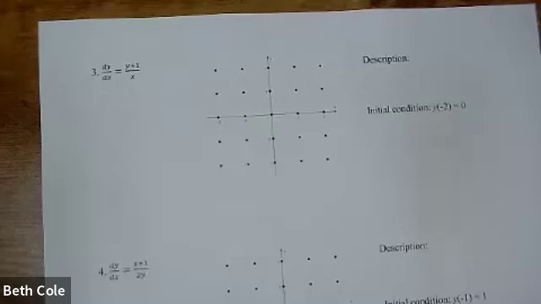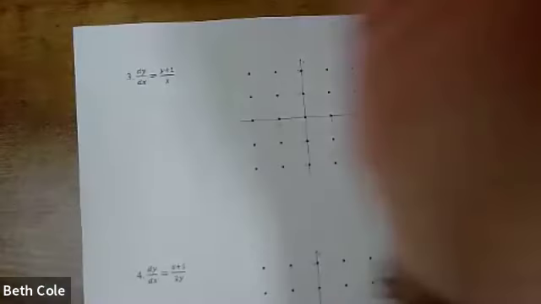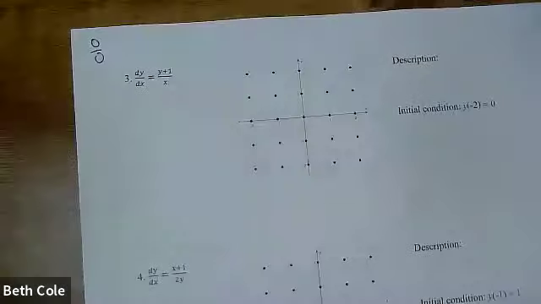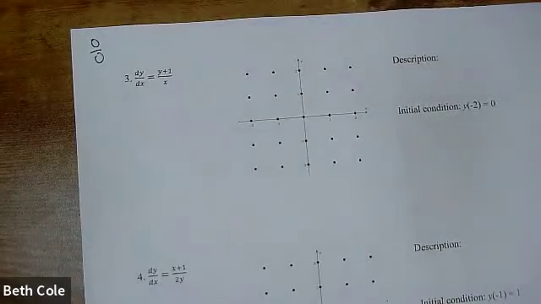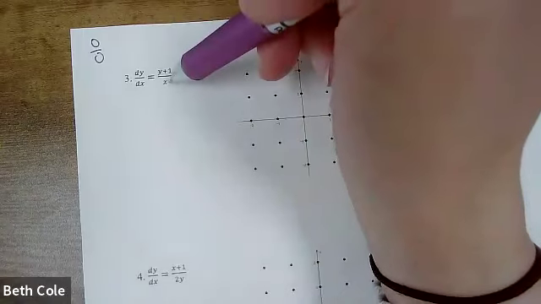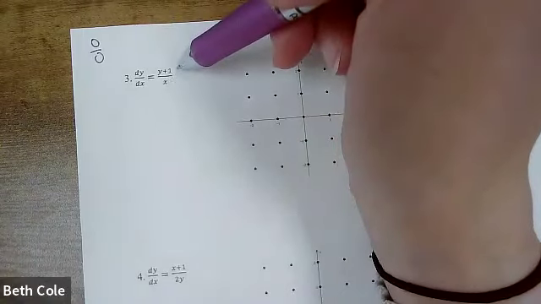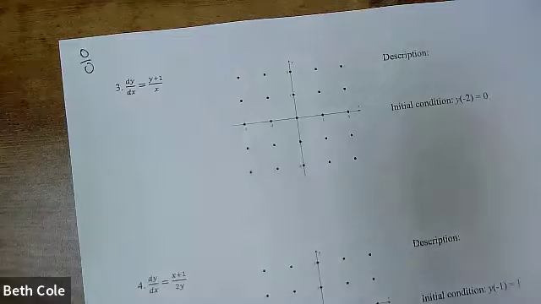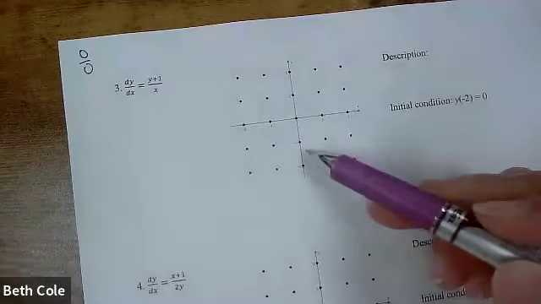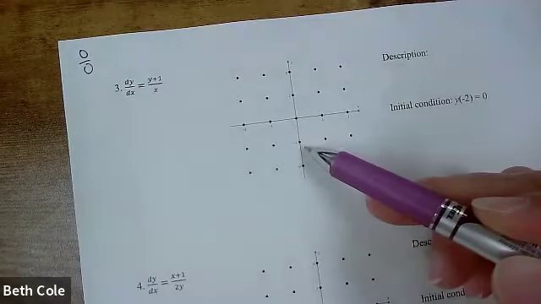The first thing you want to look for is a place where you get 0 over 0. What is that called? It begins with an I. Indeterminate, okay? When x is what and y is what will we get 0 over 0? When x is 0 and y is negative 1. At (0, -1), there should be nothing.